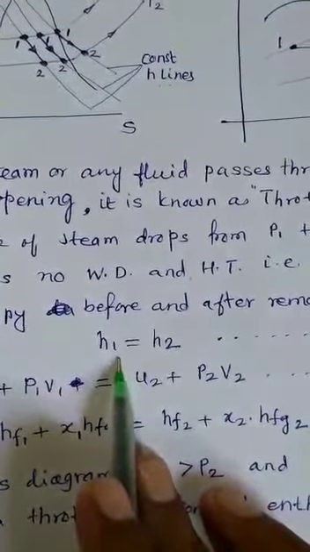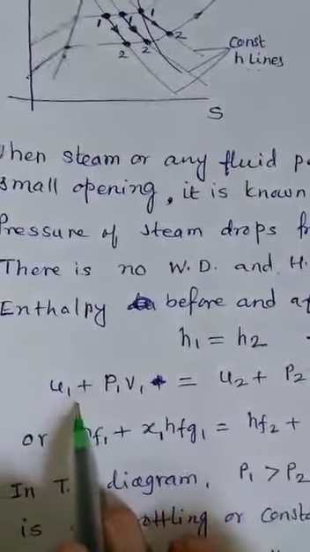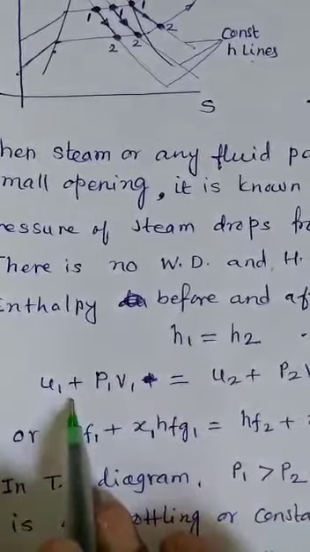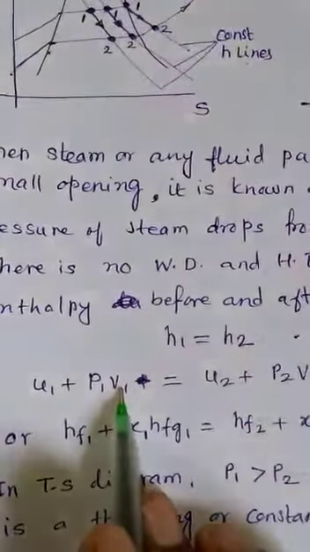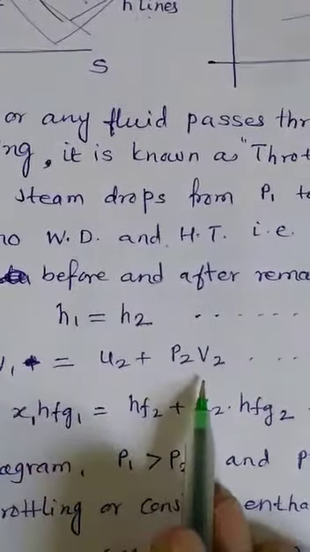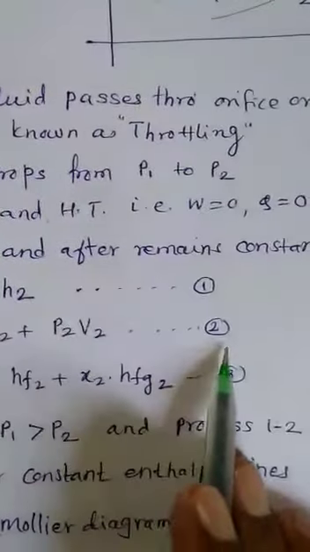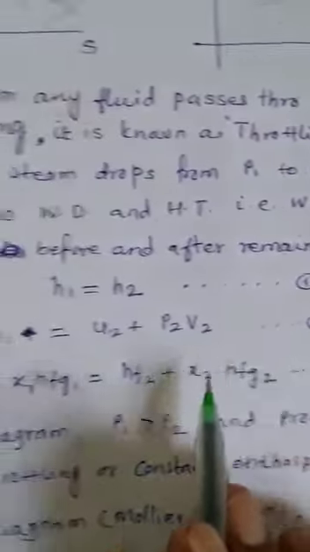Say point number 1, enthalpy is H1, H1 equal to H2. But H1 is what? Sum of internal energy and flow work at point 1 is equal to sum of internal energy and flow work at point 2. So U1 plus P1 V1 is nothing but U2 plus P2 V2. This is our equation number 2.